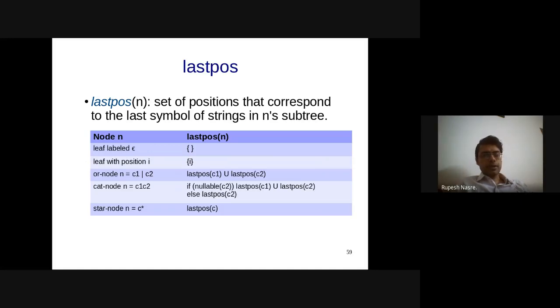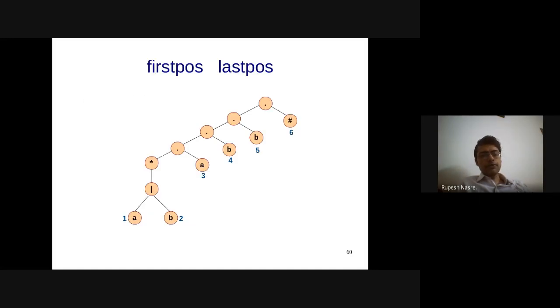So that was our lastpos, and we also computed that information for our example, where the firstpos and lastpos are these two sets specified with each node in this tree. So, for example, for OR, the first position could be 1 or 2, and the last position could also be 1 or 2.